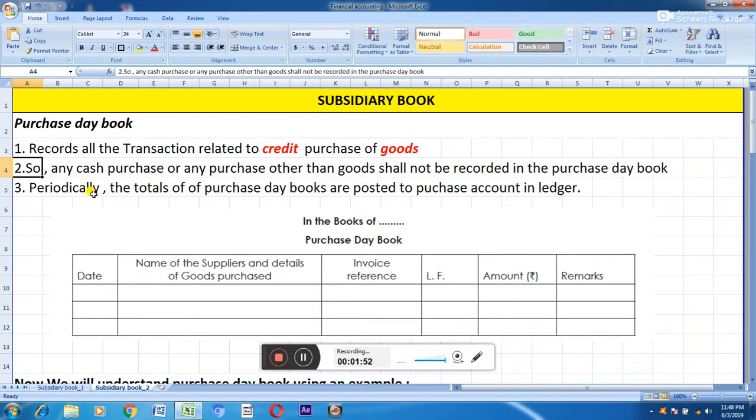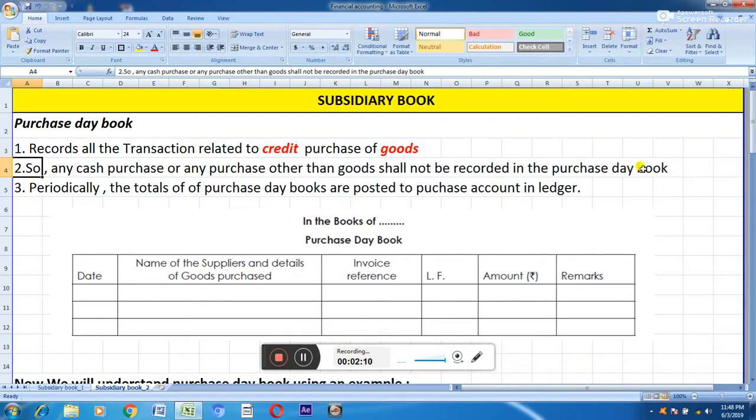So automatically we can come to the conclusion that any cash purchase or any purchase other than goods shall not be recorded in the purchase day book.